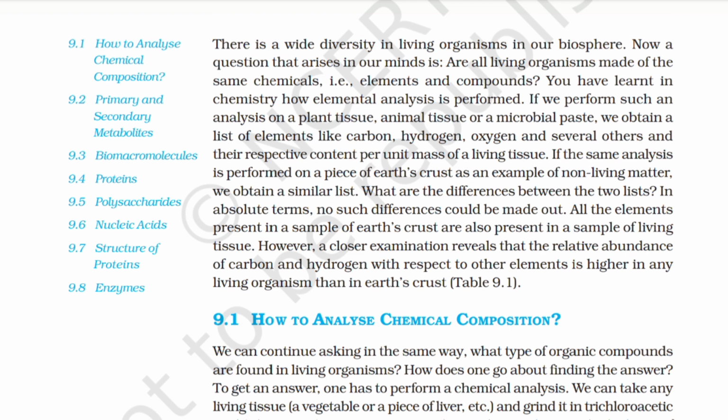All the elements present in a sample of Earth's crust are also present in a sample of living tissue. However, a closer examination reveals that the relative abundance of carbon and hydrogen with respect to other elements is higher in any living organism than in Earth's crust. Table 9.1.